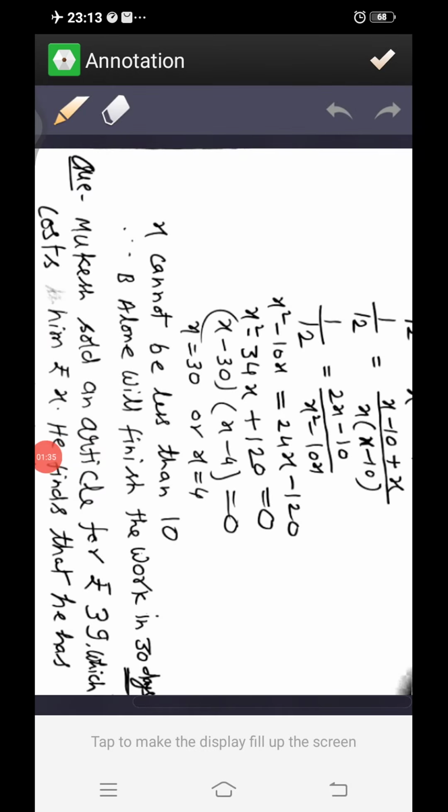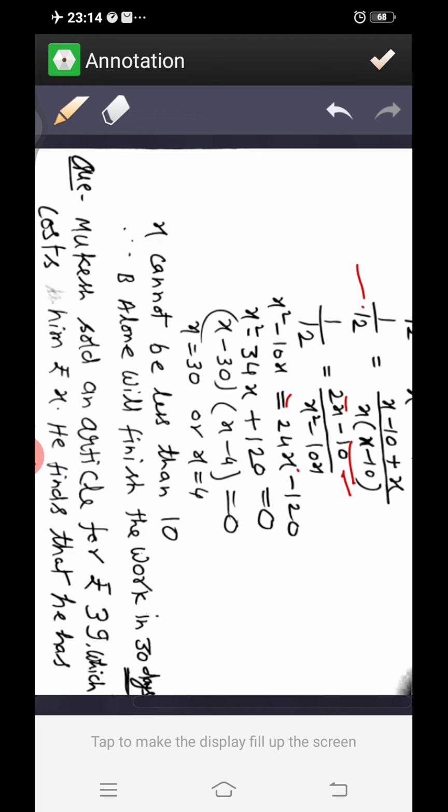Here we take the LCM on the right hand side. The LCM is x into x minus 10. Then we get x minus 10 and x, and on this side 1 upon 12 is already there. Adding, we get 2x minus 10 upon x multiplied by x minus 10, which is x square minus 10x.